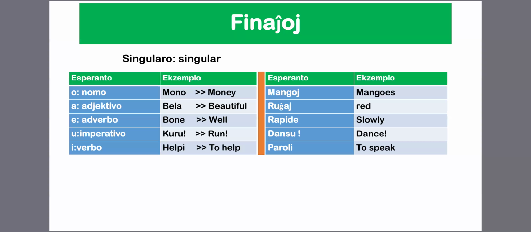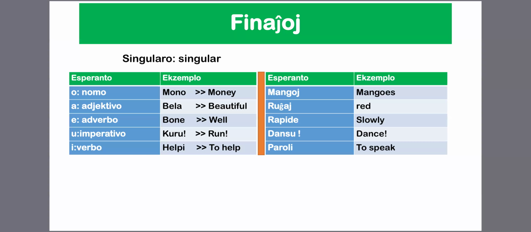I can say mono or monoj, and you know that if you want to put something in plural, you will put only J. A J in Esperanto is ji. That way you can see mango. Mango is mango. But if you want to mean a lot of mangoes, I can say mangoj. Mangoj.